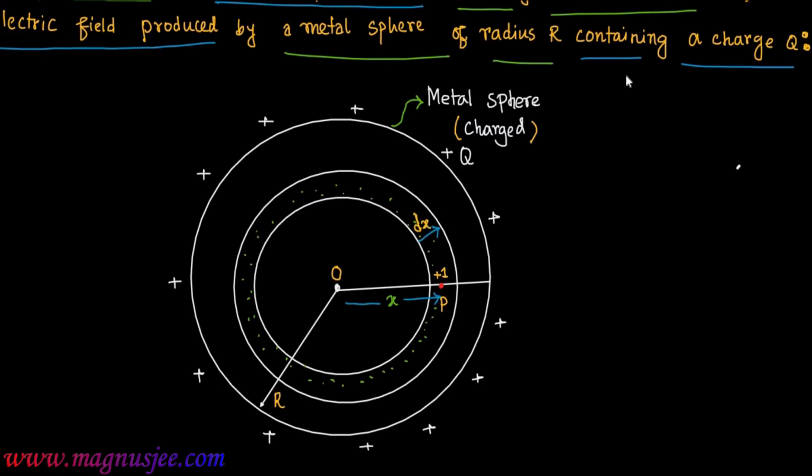Dx is the width of this elementary sphere of radius x, and the field intensity at P is E, which acts radially outwards. This is the small element of the imaginary sphere of radius x.